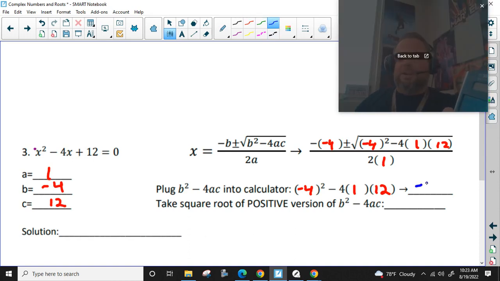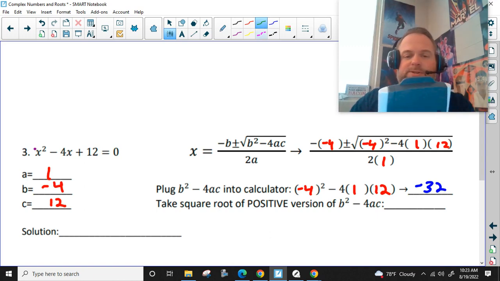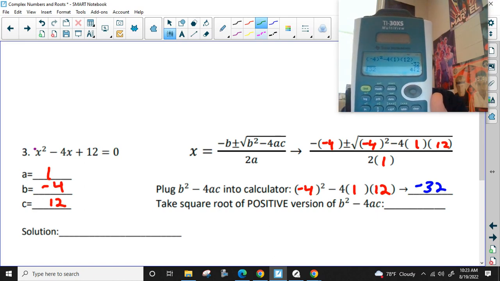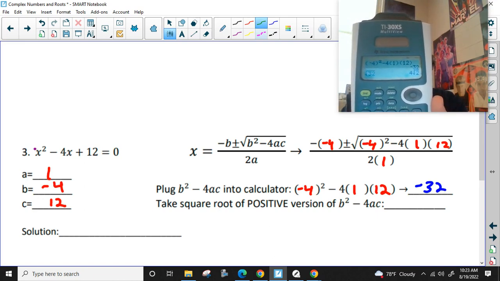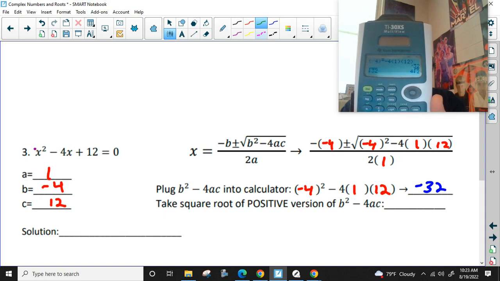So we take the square root of 32 and we get 4 root 2. Now, if you didn't get 4 root 2, your calculator may be set up in the wrong mode.